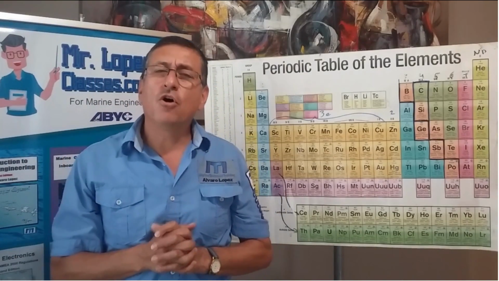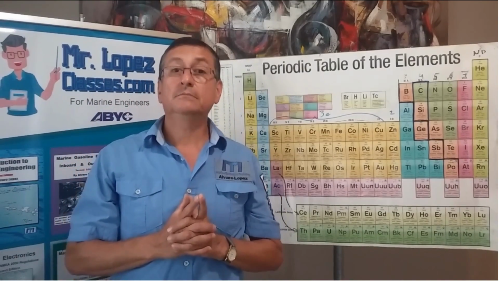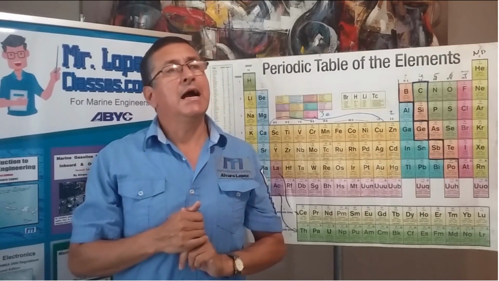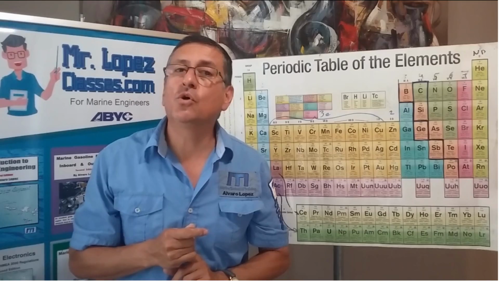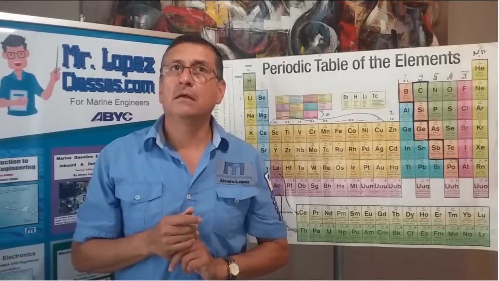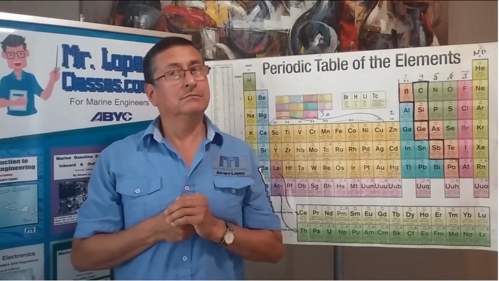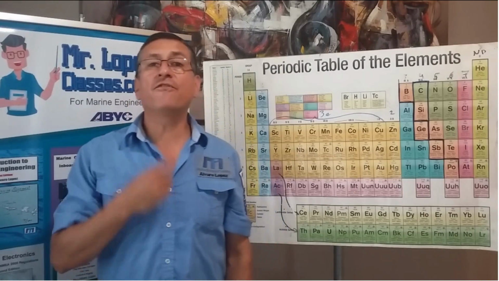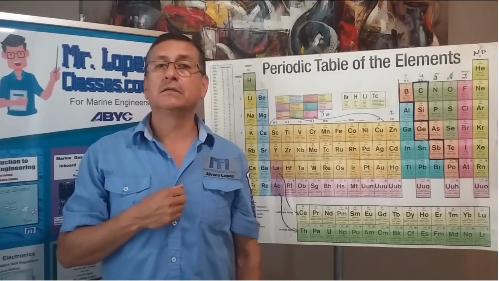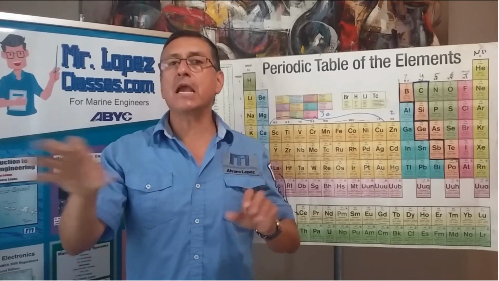How many electrons does oxygen have in the last orbit? 6. How many electrons does oxygen need to complete 8? 2. Okay. Suppose that oxygen has in front of it 2 metals, copper and zinc.